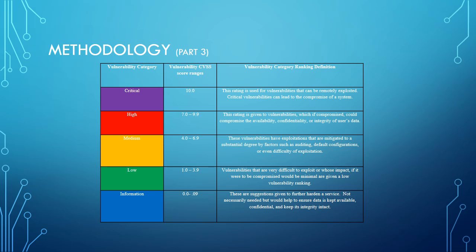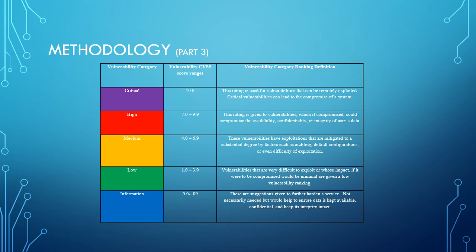A low vulnerability has a vulnerability score of 1 to 3.9, and these are vulnerabilities that are difficult to exploit, or if exploited, the compromise would be minimal to the server.